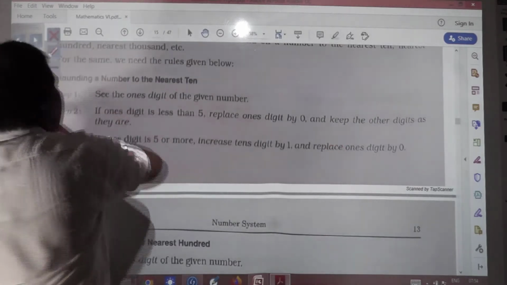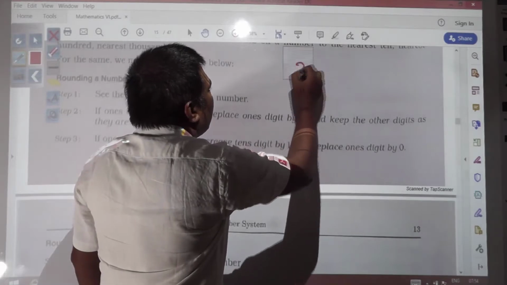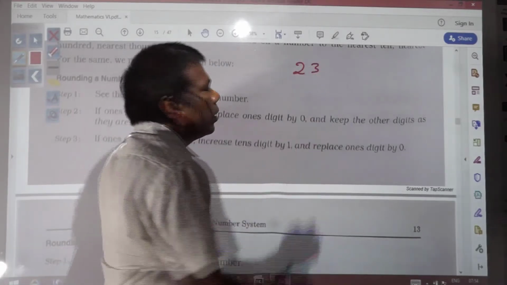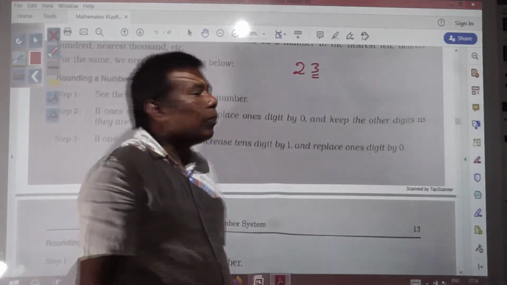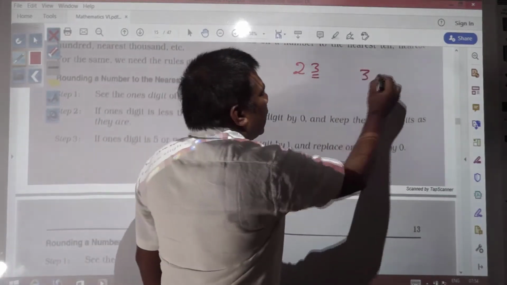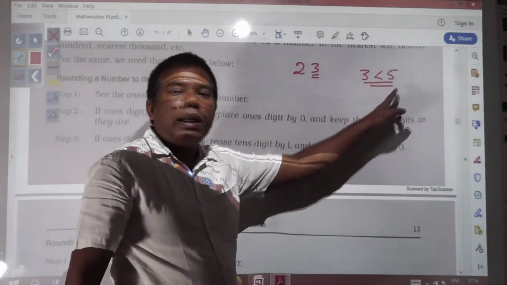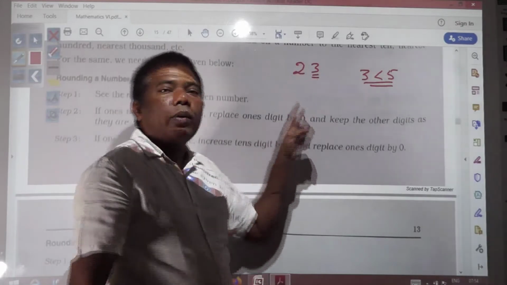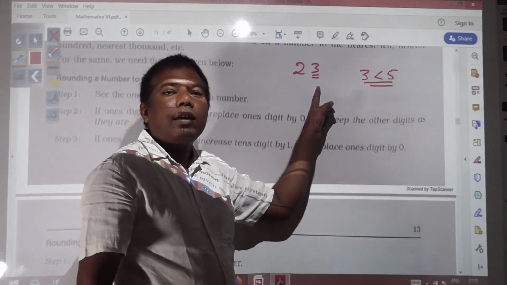Suppose you are taking 23. Now you see, you need to see the ones digit. If the ones digit is lesser than 5, then what do you need to do? The ones digit is required to be replaced by 0.